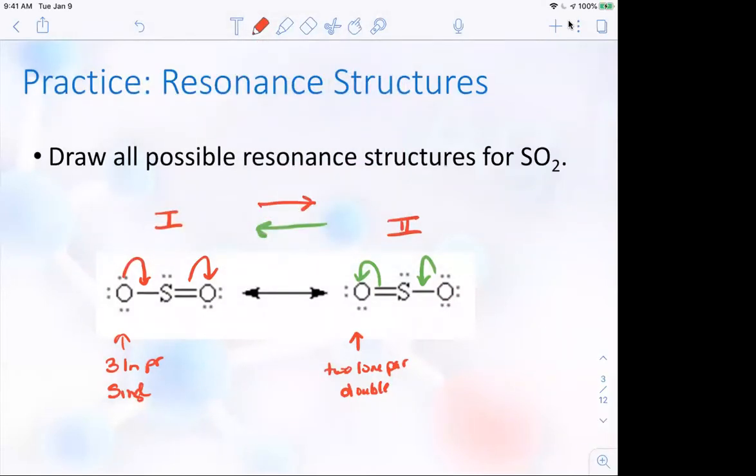So in order to draw resonance structures, I'm going to draw the Lewis structure. I'm going to look and see if I have lone pairs or double bonds that I can move around by pushing arrows. And then I'm going to draw all the discrete resonance structures available to me that still obey the basic rules for Lewis structures.